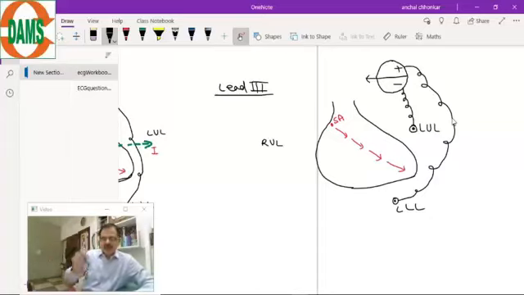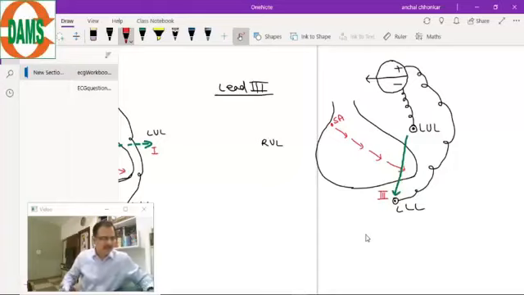So this is the connection of lead 3, and the vector line of lead 3 will be like this. So this is the direction of lead 3.